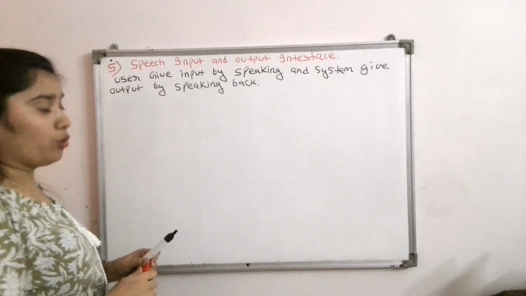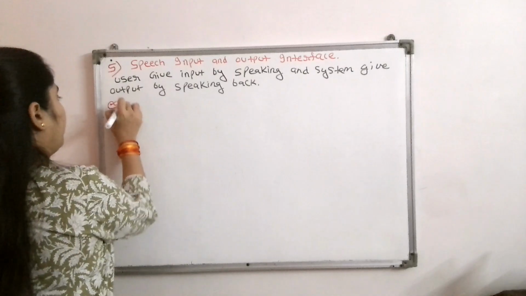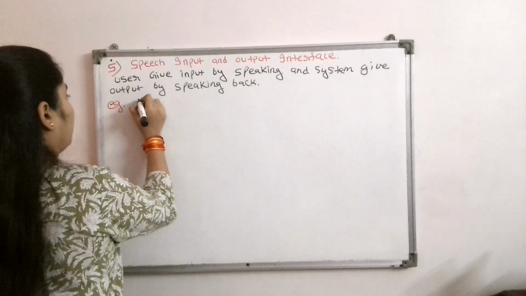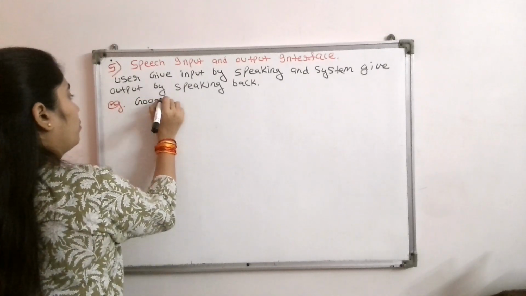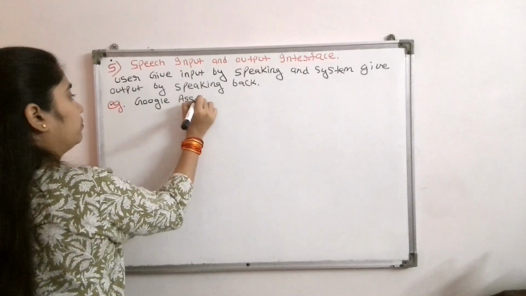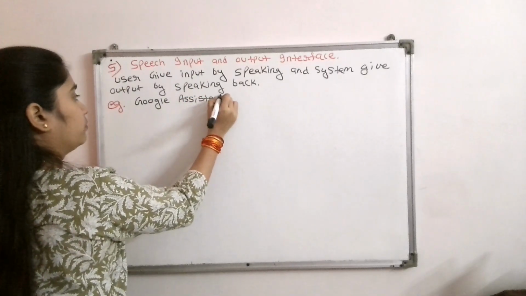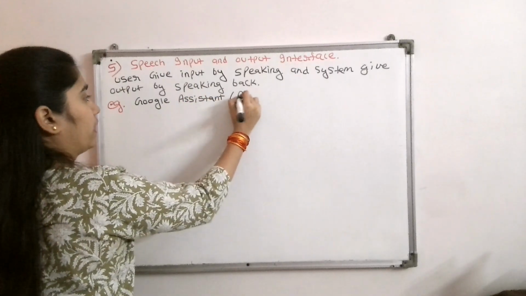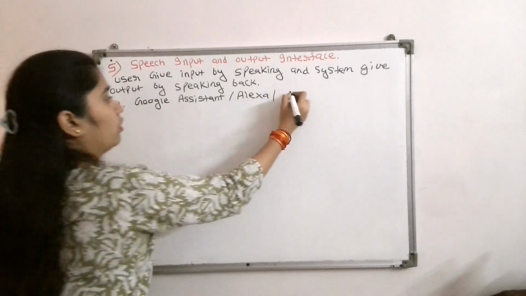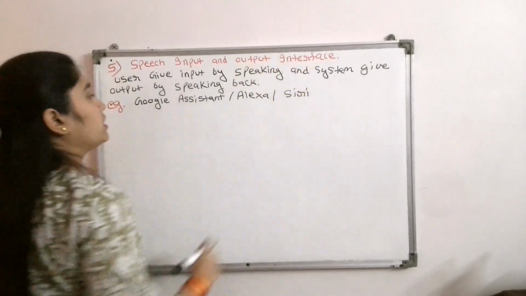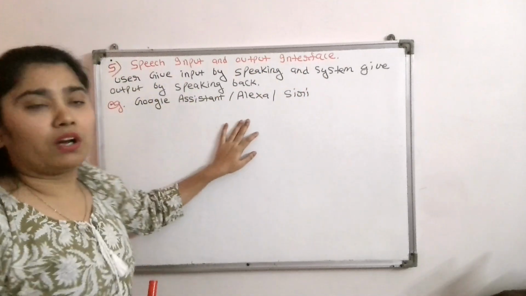I hope you are clear. Examples, let's write it here: Google Assistant or Alexa or Siri. So these are examples of the speech input and output interface.